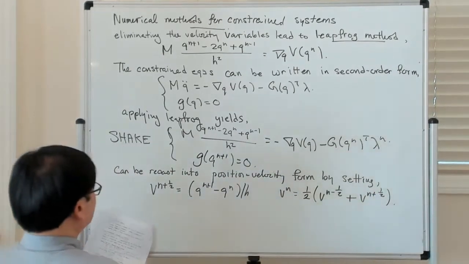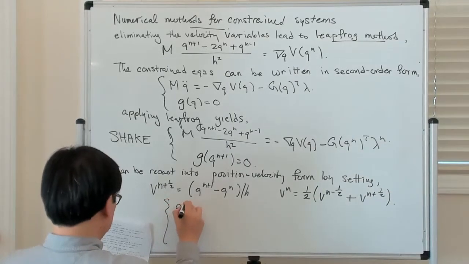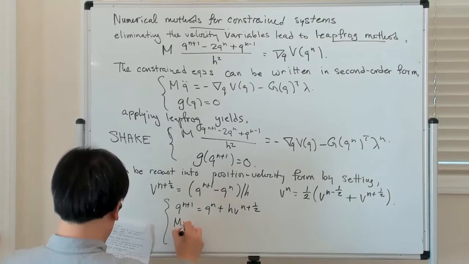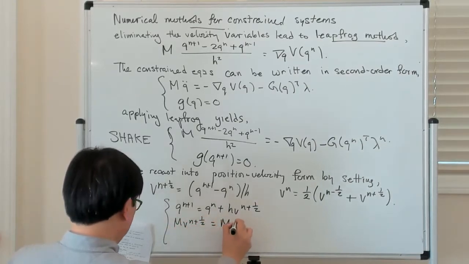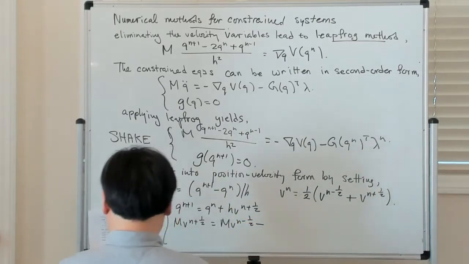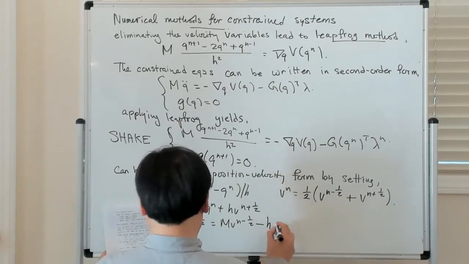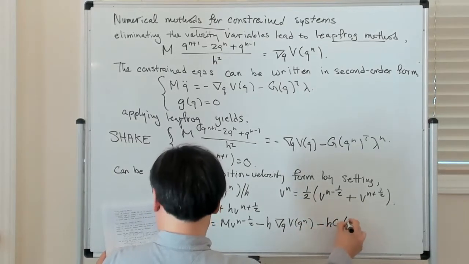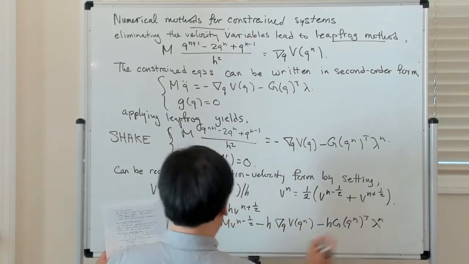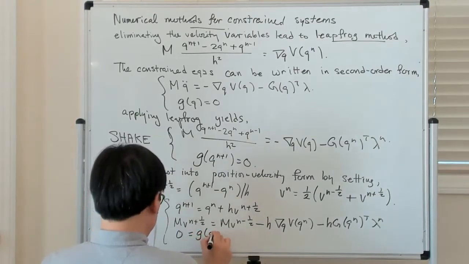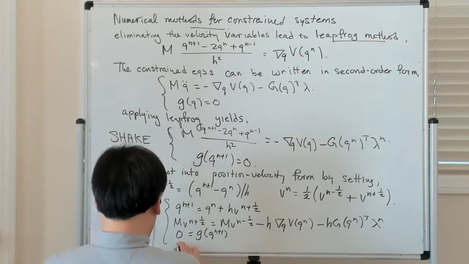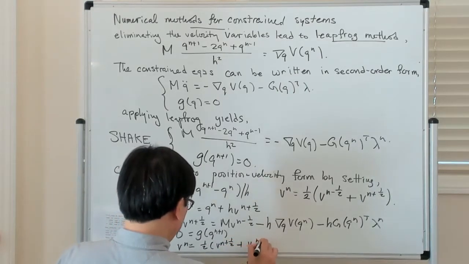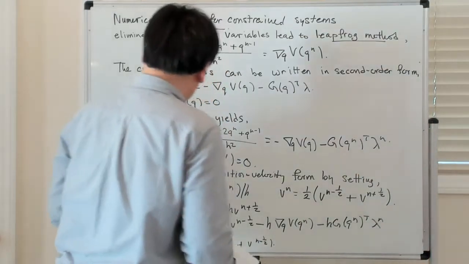If you do that, then you get q^{n+1} is equal to q^n plus h v^{n+1/2}, m v^{n+1/2} is equal to m v^{n-1/2} minus h times the gradient terms, then 0 is equal to g at q^{n+1}, and then v^n is just one half of v^{n+1/2} plus v^{n-1/2}. This is another form of the shake method.